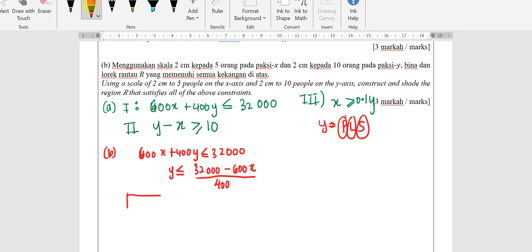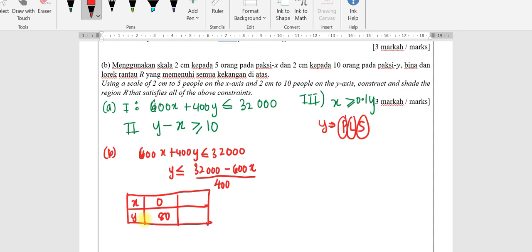Let us substitute suitable values in the range. Let's say I replace x with 0, an easy one. I will get 80.